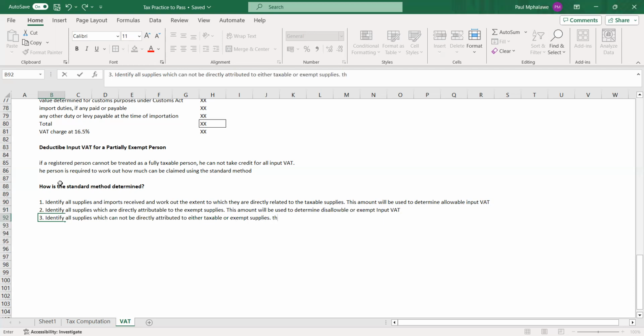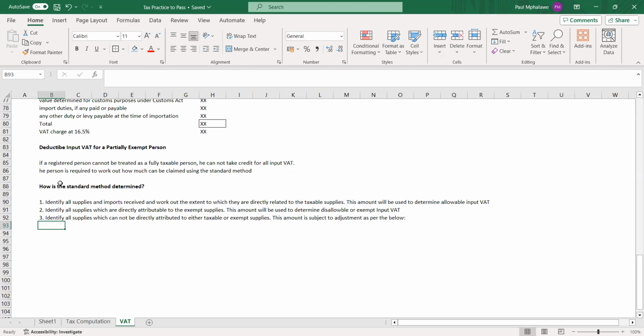So this amount is subject to adjustment as per the below. Okay, the amount that you cannot specify whether it's taxable or exempt is open to adjustment. So there's a formula that needs to be used.